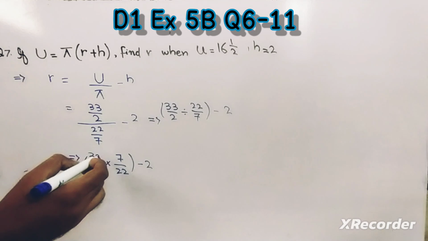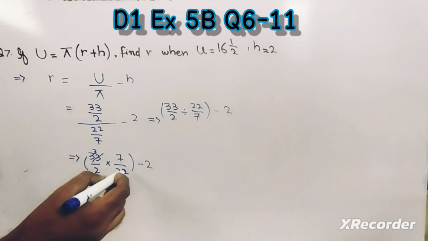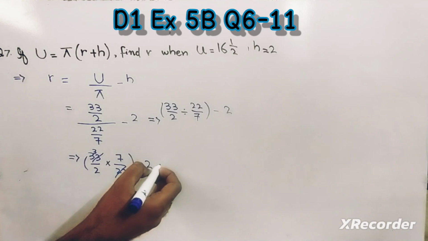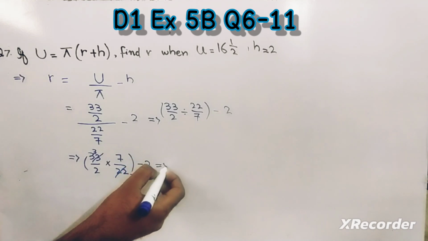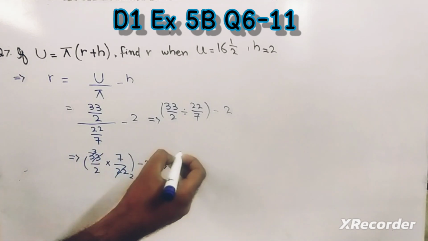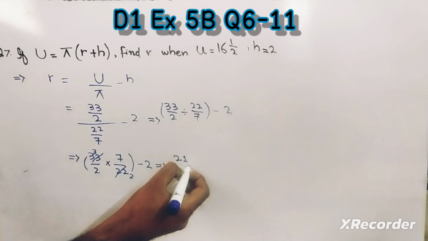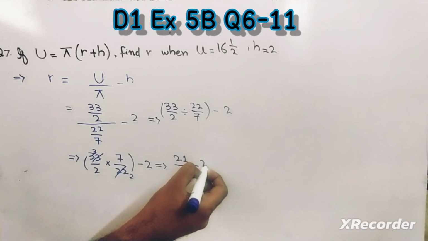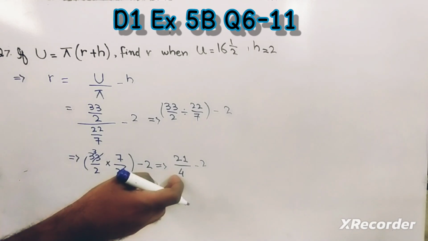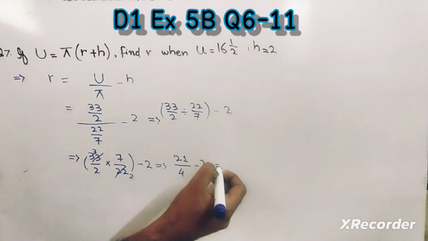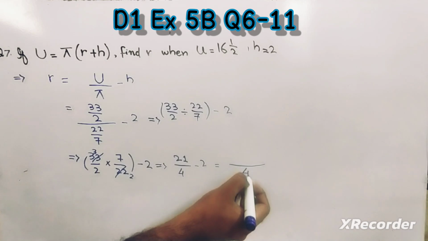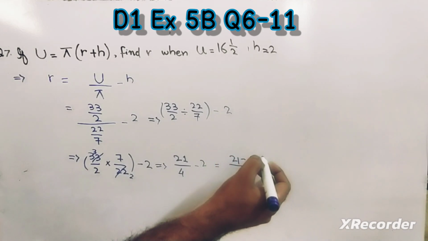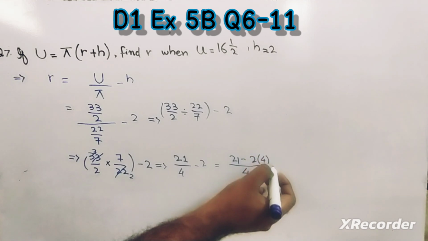So 3 times 11 is 33 and 2 times 11 is 22. So 3 times 7 is 21 and 2 multiplied with 2 is 4, minus 2. By taking the LCM of 4 and 1, we get 21 minus 2 multiplied by 4.